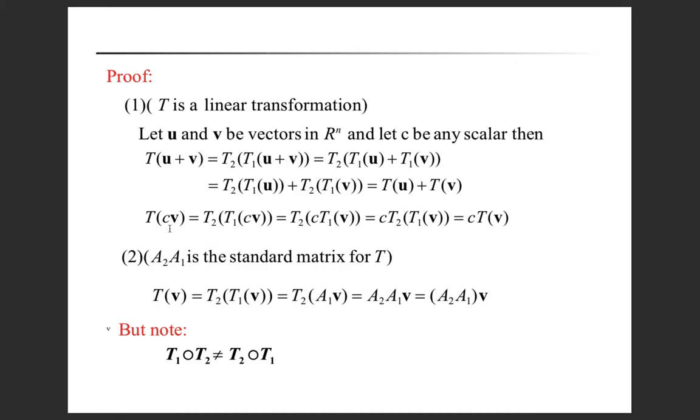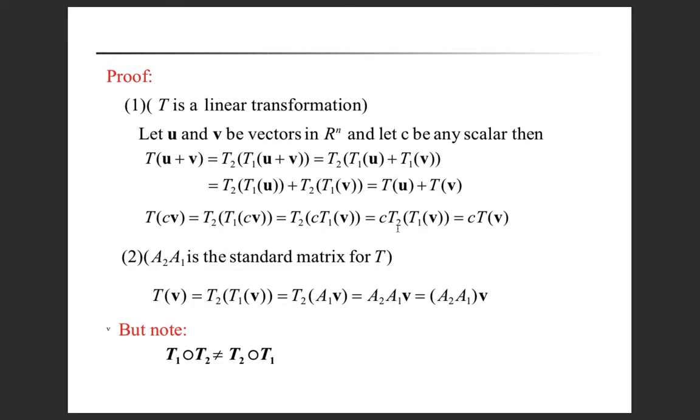Now T(cv) can be written as T2 of T1(cv). But T1 preserves scalar multiplication because T1 is a linear transformation. So T2 of c T1(v). Also T2 is a linear transformation, therefore T2 preserves scalar multiplication.